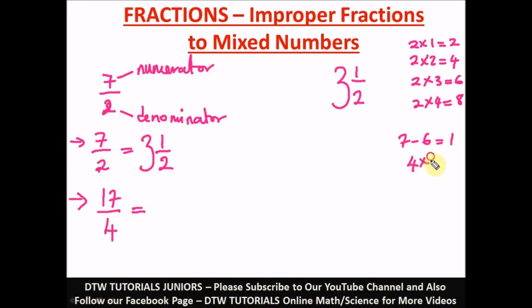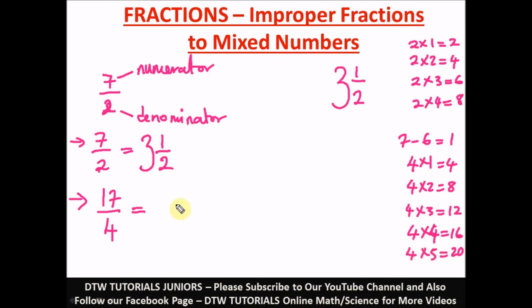We have 4 times 1, which is what? 4. 4 times 2, which is what? 8. 4 times 3, which is what? 12. 4 times 4, which is what? 16. And 4 times 5, which is what? 20. Okay, so you can see 17 falls in between 16 and 20.